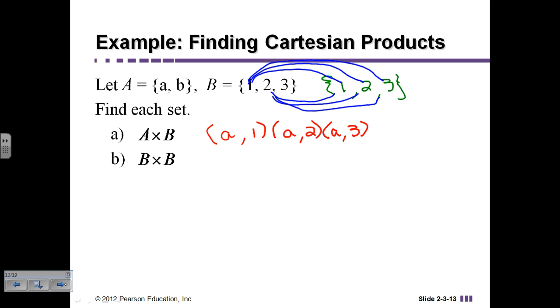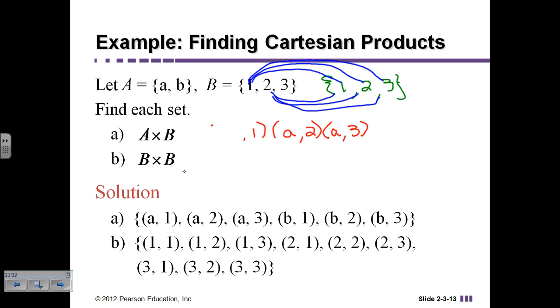So these are our solutions. Again, we have the set (a,1), (a,2), (a,3), and then (b,1), (b,2), and (b,3). And then for the second one where we're doing B cross B, we're going to have (1,1), (1,2), (1,3), (2,1), (2,2), (2,3), (3,1), (3,2), and (3,3).